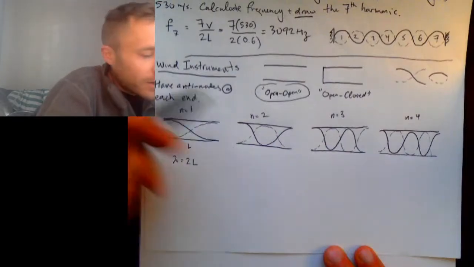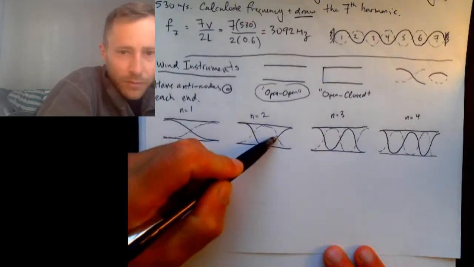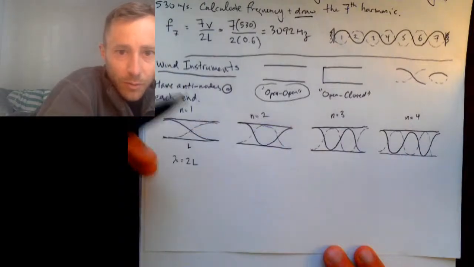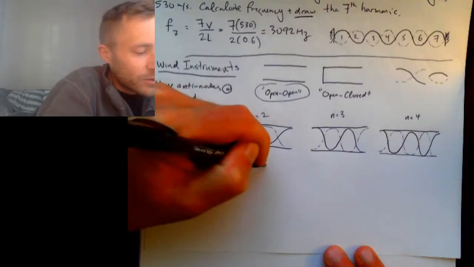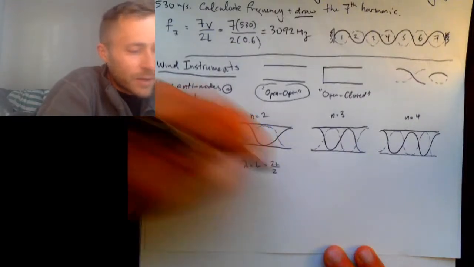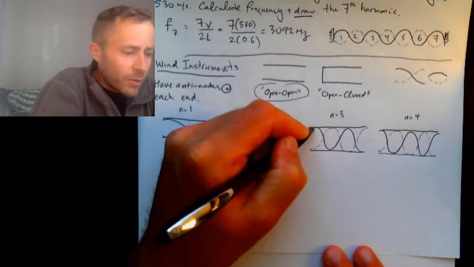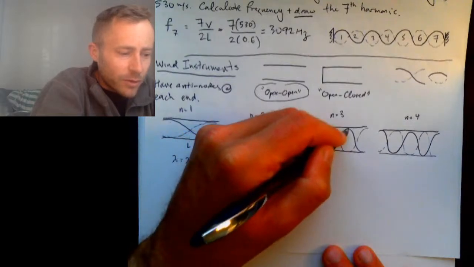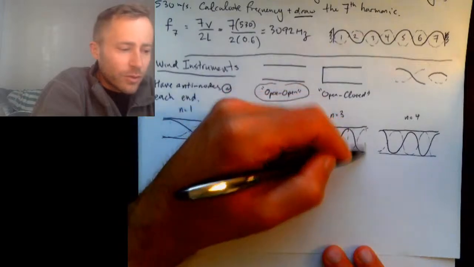Here we have half of a crest, a full trough, and then the other half of the crest. So this is a full wave, and the wavelength is L, which is 2L over 2. Here we have half of a crest, a full trough, and then half of a crest, so this is 2/3 of the total length of the instrument.